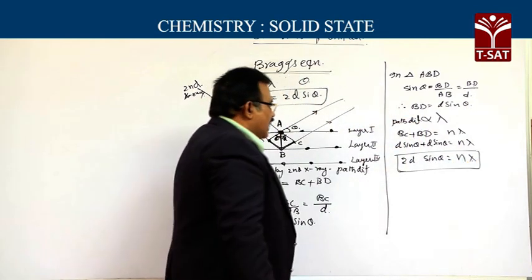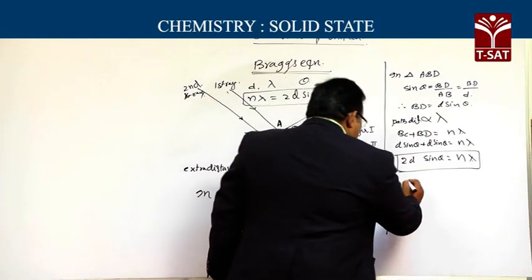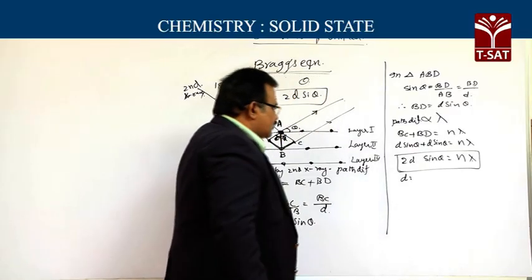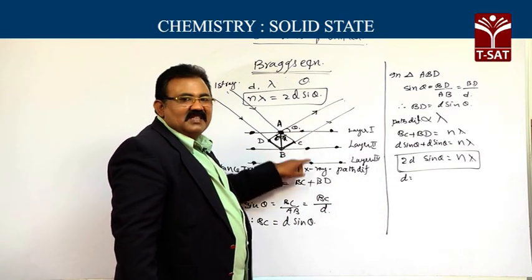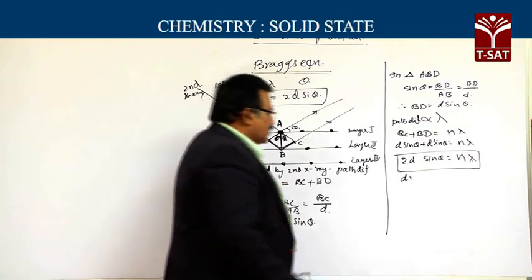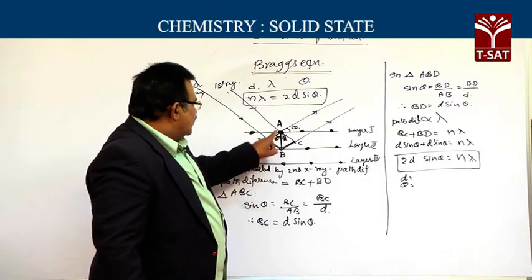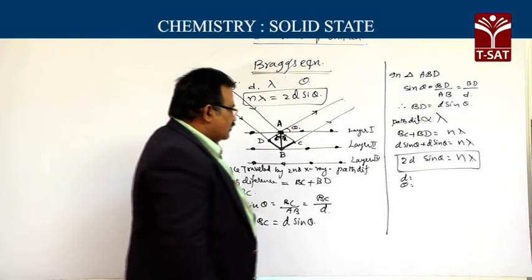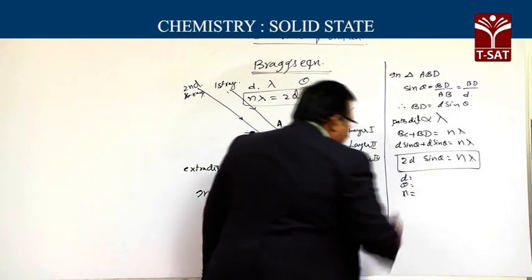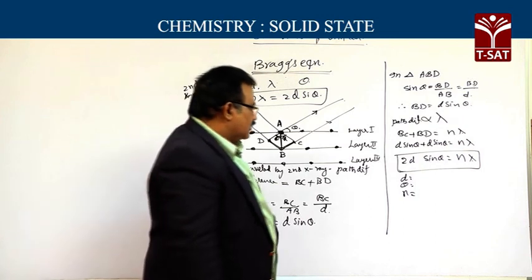This is Bragg's equation, where d is the distance between two successive planes in the crystal, theta is the angle of the diffracted X-ray, n is the order of diffraction.